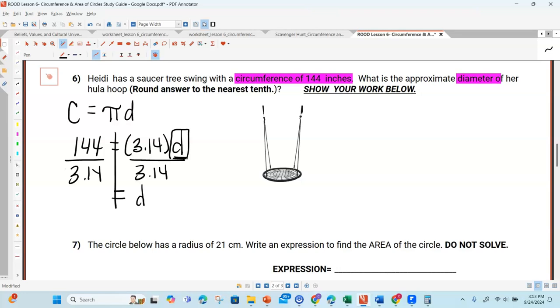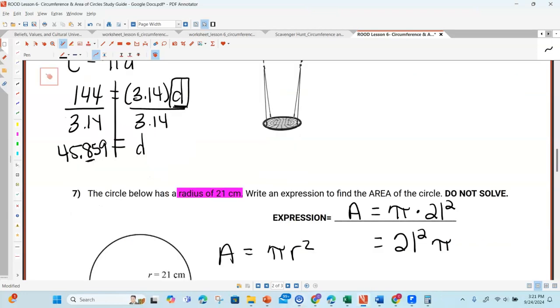So that means the diameter is going to be around 45.859 something, but we need nearest tenth, so we're going to round it. So our answer should be 45 6/10 inches.